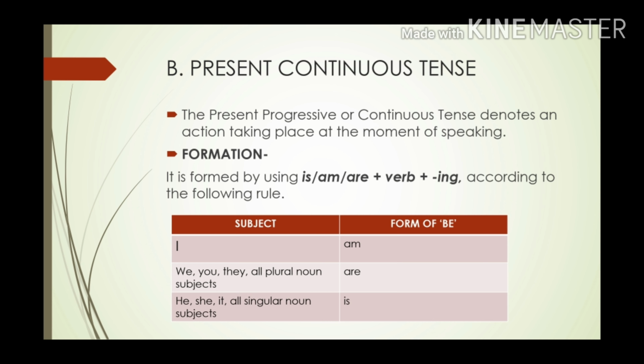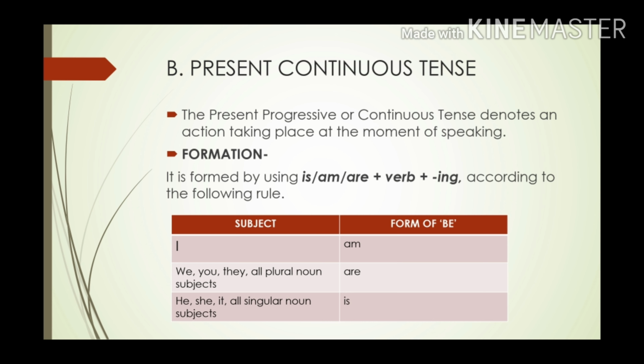And if the subject is he, she, it, or all the singular noun subjects, then we will use the verb is. That means with I, we use am, with plural nouns, we use are, and with singular nouns, we use is.